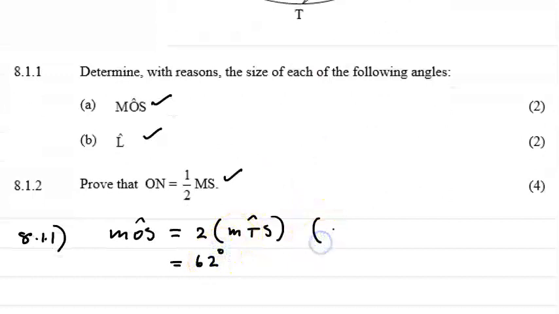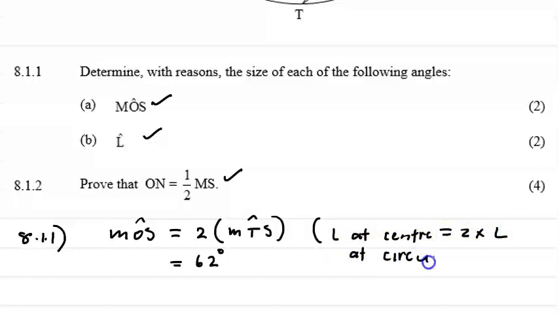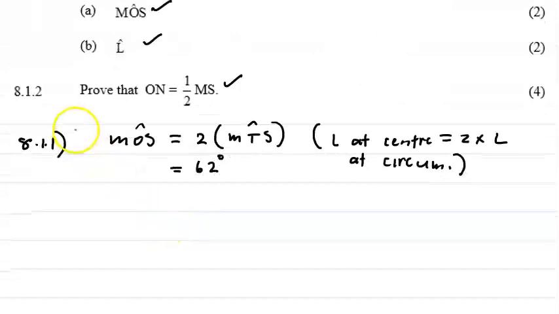And then I'll write my reason here: angle at center equals 2 times angle at circumference. And the next one, L, so that one is A, right?